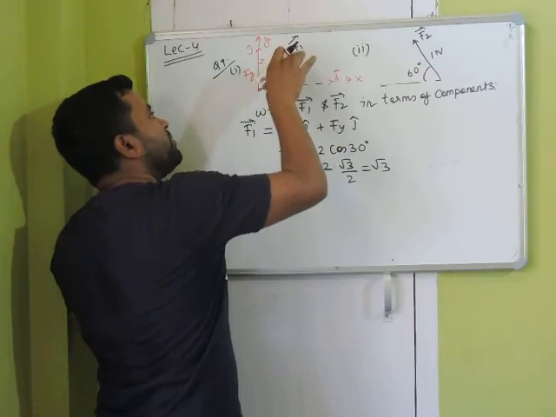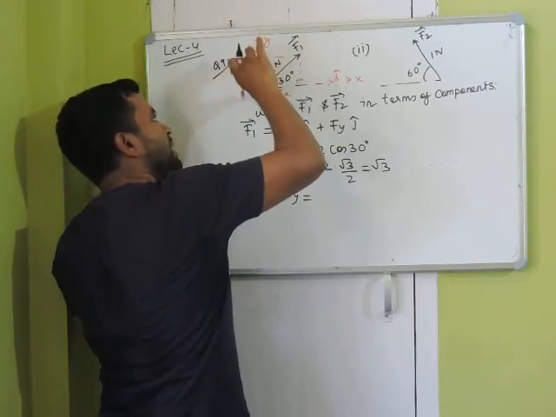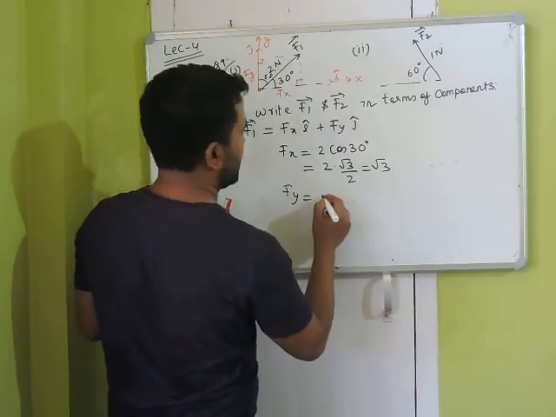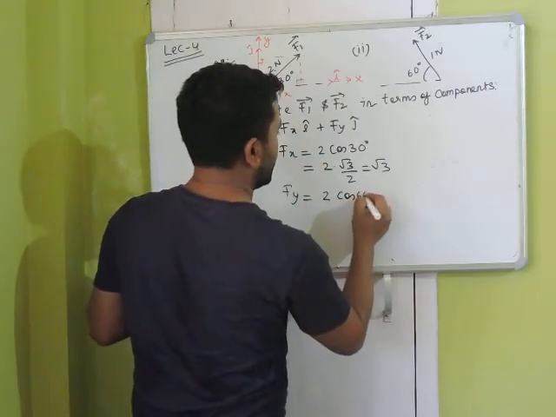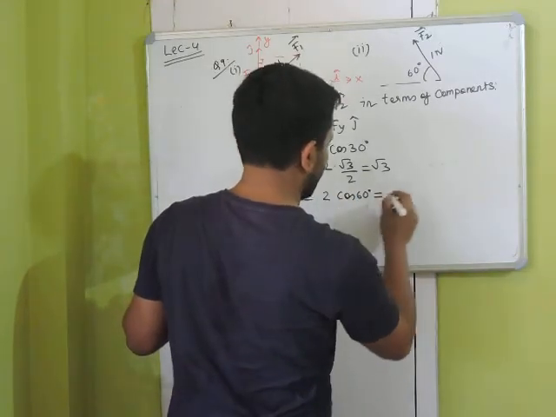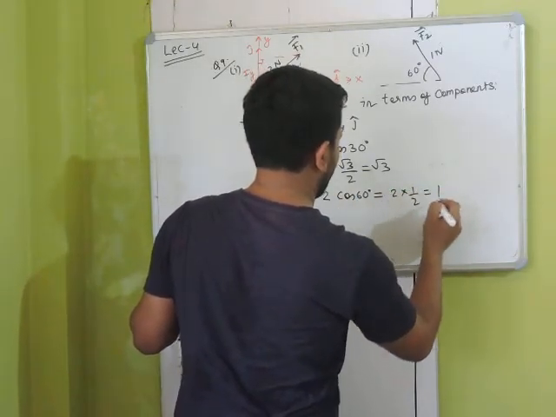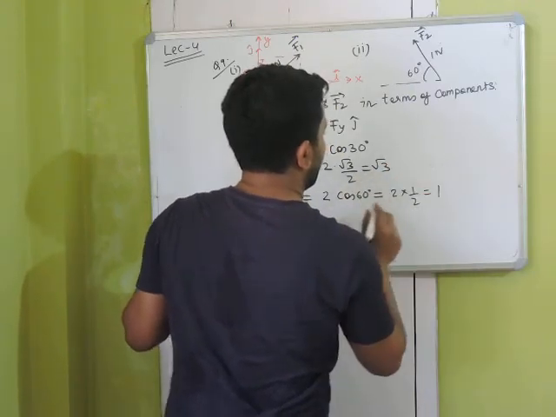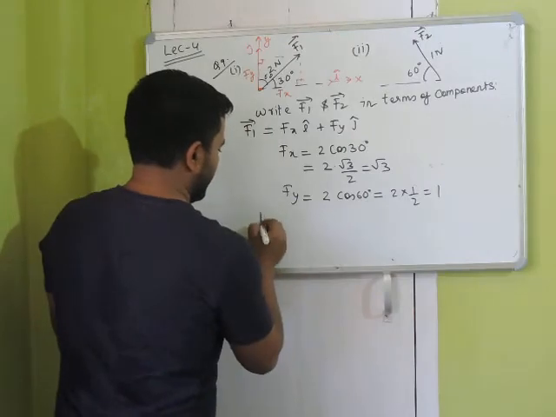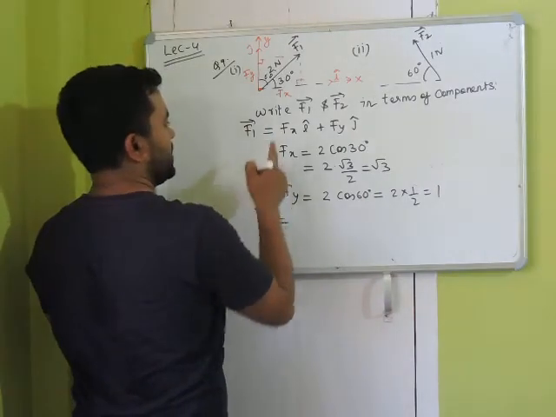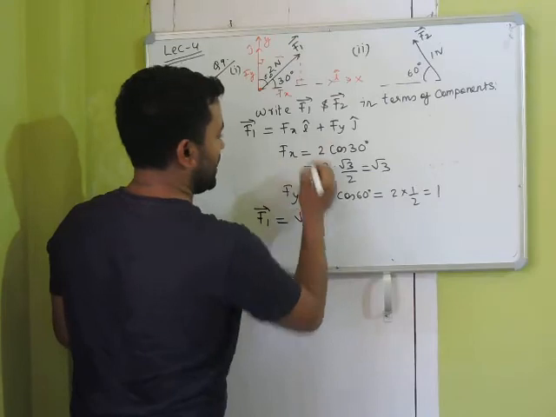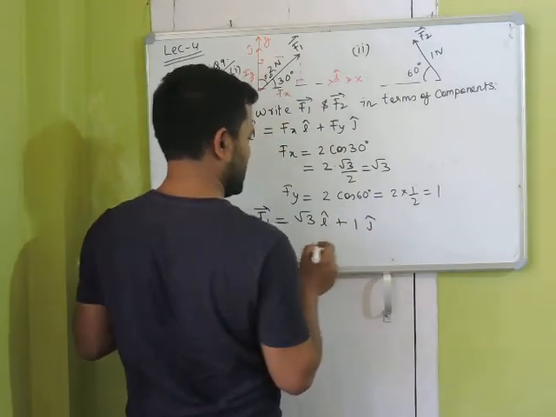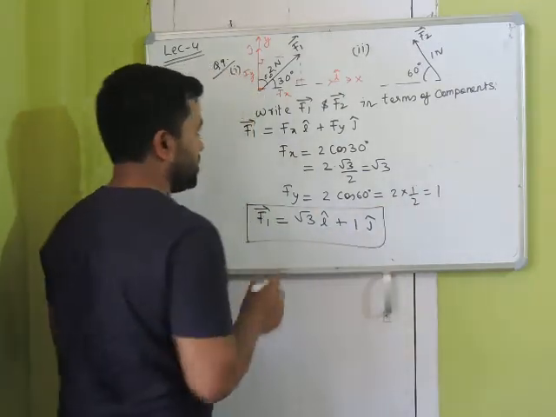So its component will be 2 times the cosine of the angle between this vector and y. So Fy is 2 cos 60 degrees. Cos 60 degrees is half, so 2 into half is 1. So the vector representation of F1 is root 3 i plus 1 j. This will be the representation of this force.